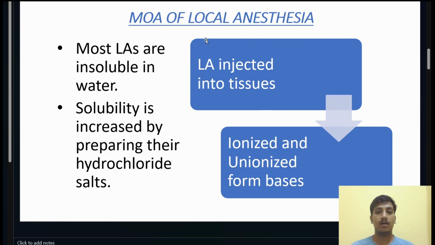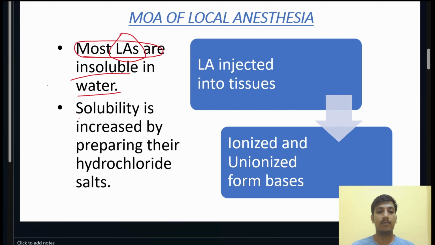In the specific receptor theory, we can conclude that most LA are insoluble in water, but we have to inject LA as soluble so that it diffuses freely into the axoplasm to cause anesthetic action.